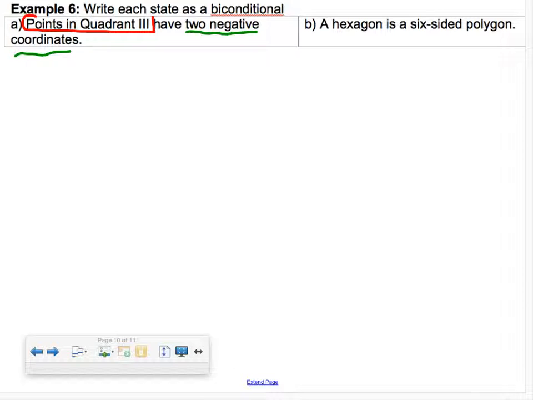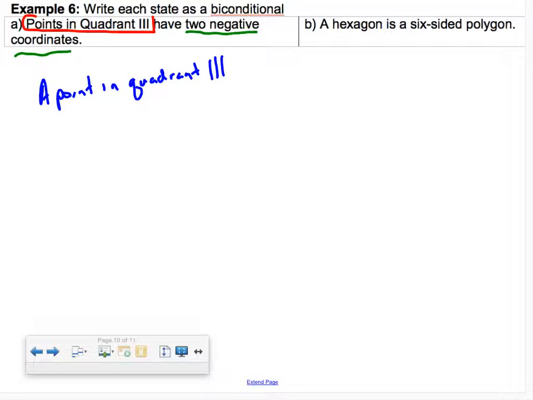So as my biconditional, I've got a point in quadrant 3, and then in green I have 2 negative coordinates.